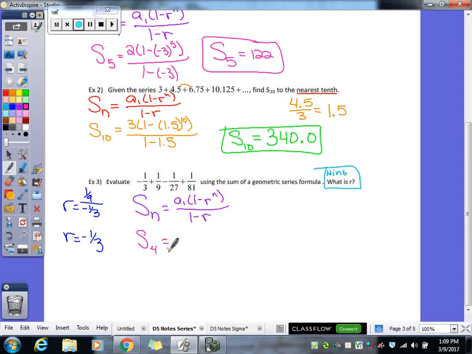They only gave us 4 terms. Our first term is negative 1/3. So we've got lots of negative 1/3 to plug into our formula this time. Once you've got them all plugged in, go ahead and plug it into your calculator. Let's see what you get.